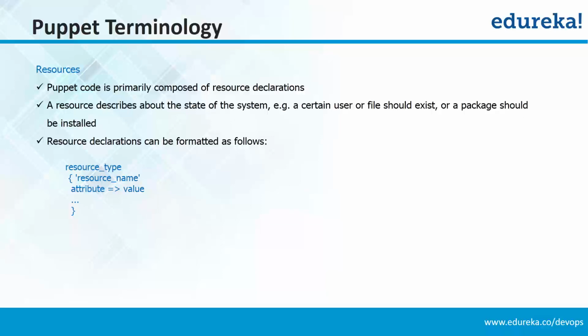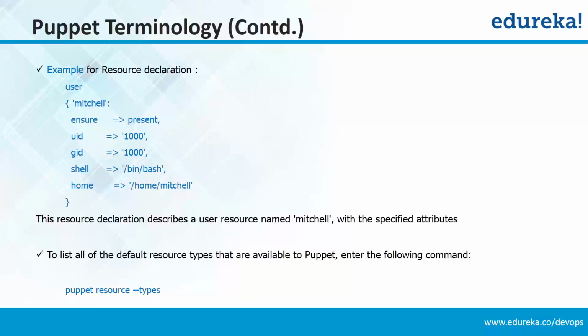Typically, you start by saying the resource type, then a resource name enclosed in single quotes, followed by one or more attribute values.